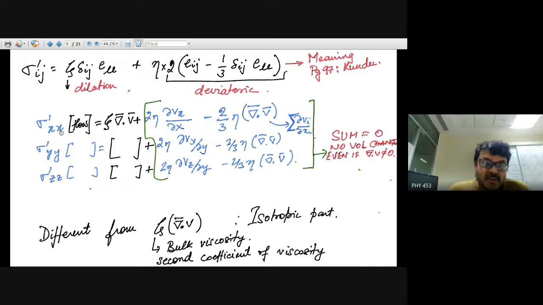But the reason I wrote down this is that there's a repeated index, hence there is a summation, hence this term gives divergence v, and of course the same term also appears in sigma dash yy and sigma dash zz.